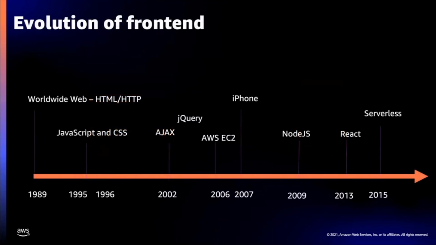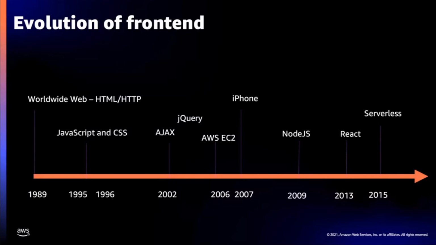Now, the evolution of front-end is quite an interesting one for us to observe because it started with the World Wide Web. Everybody knows HTML, and then JavaScript came along and sprinkled some business logic, essentially client side, to it. Then Ajax really revolutionized the asynchronous interactivity of a web page.